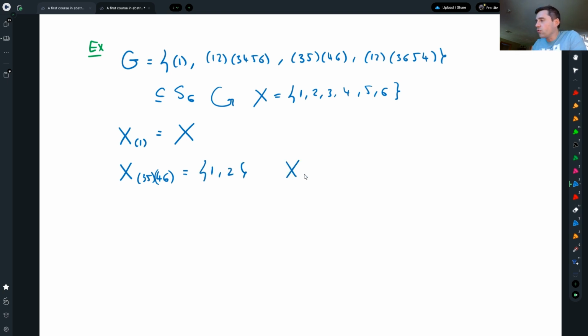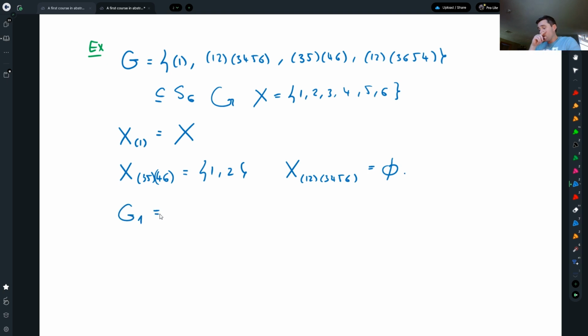What are the fixed points of (1 2 3 6 5 4)? Everything goes somewhere. 1, 2, 3, 4, 5, 6 are all involved in the permutation, so there is nothing in here. It's the empty set.